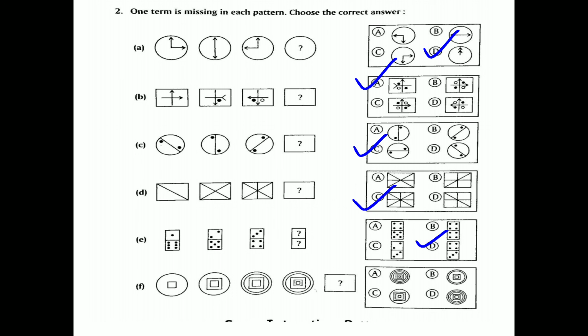Now 3 rectangles and 2 circles. Now how many circles come? 3. There should be 3 circles with 3 rectangles. So A part is the answer of it.